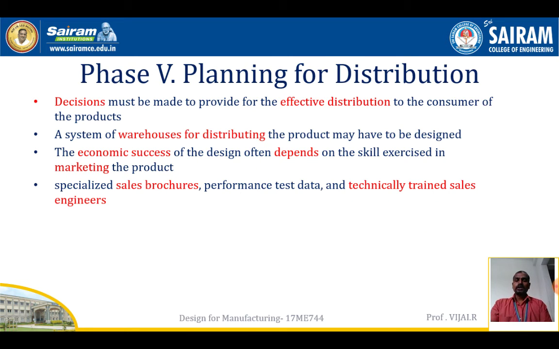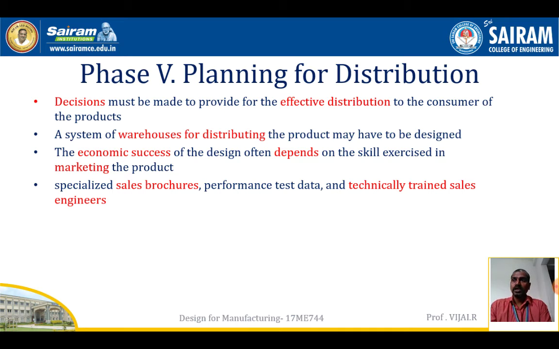Once the planning for manufacturing is done, then we have to go for the distribution. Finally we are coming to the product. The product is getting manufactured, and we have to consider in what way we are going to distribute it, so that it reaches the customer. Effective distribution has to be planned, and we have to keep some warehouses and distributing centers.